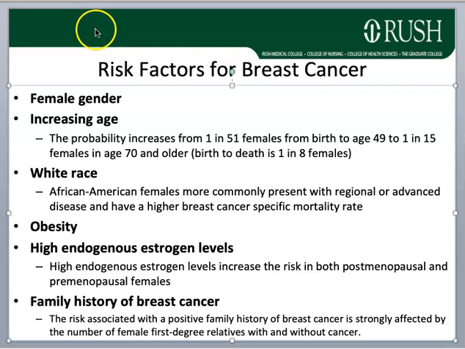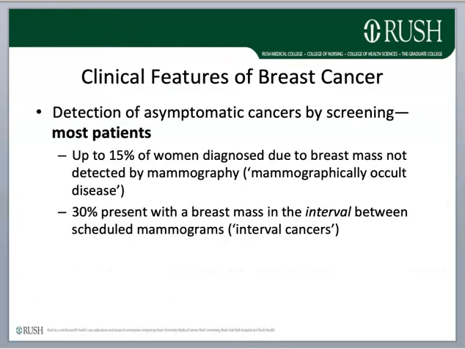In the United States, most patients present due to an abnormal mammogram. Up to 15% of women, however, are diagnosed with breast cancer due to the presence of a breast mass that is not detected on mammogram, and so this is called mammographically occult disease.